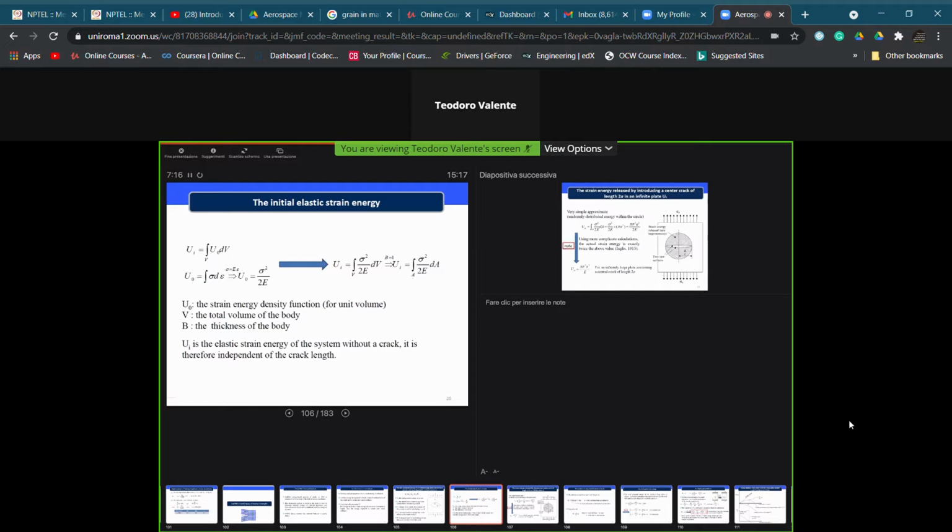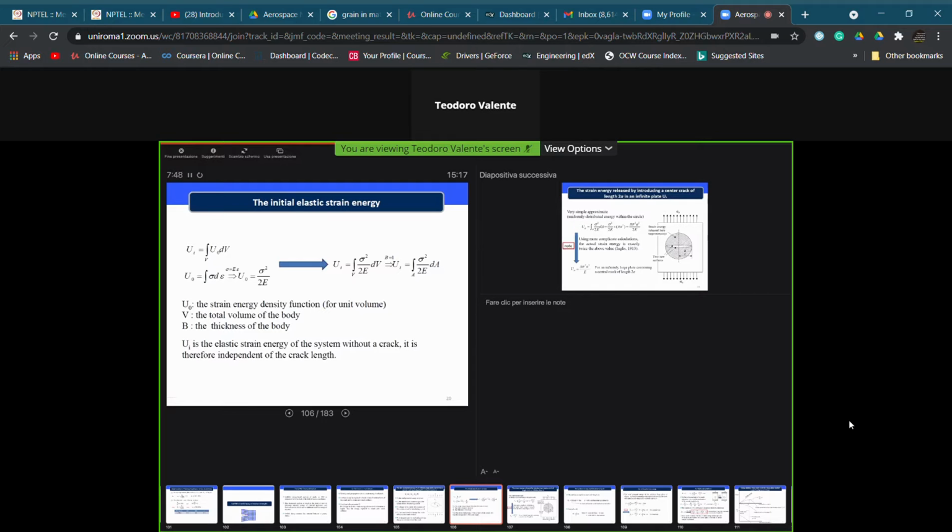Thus, we can write that U0 is the integral of the product of the stress sigma and the strain epsilon, and this leads to the very simple equation U0 equals sigma squared divided by 2 times the Young modulus of the material.